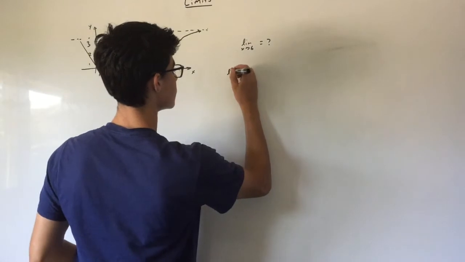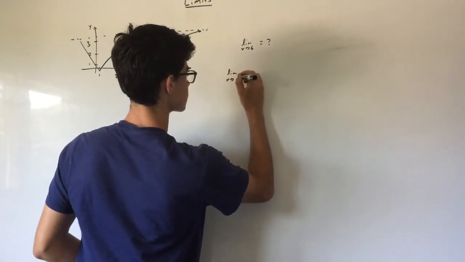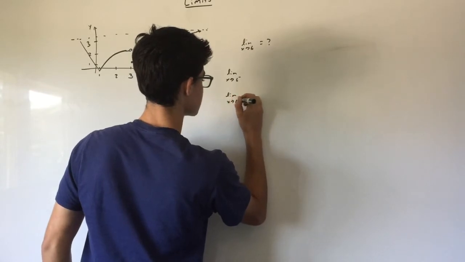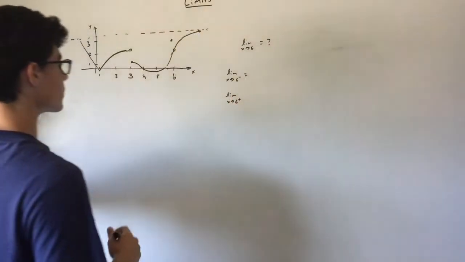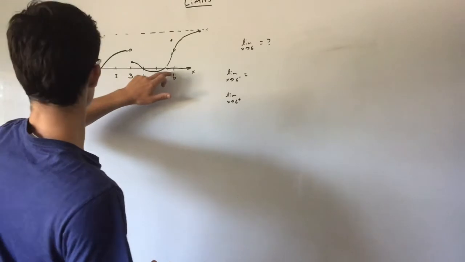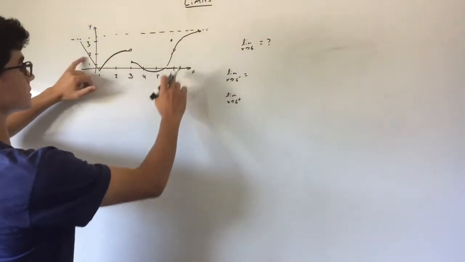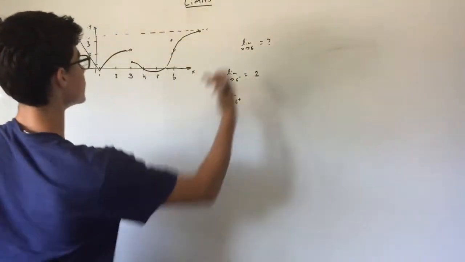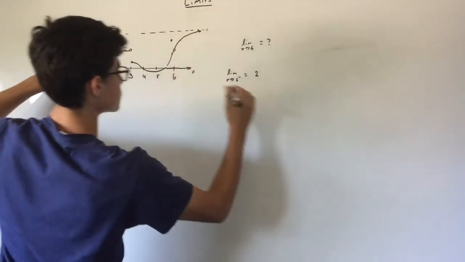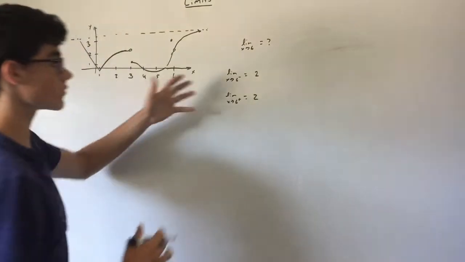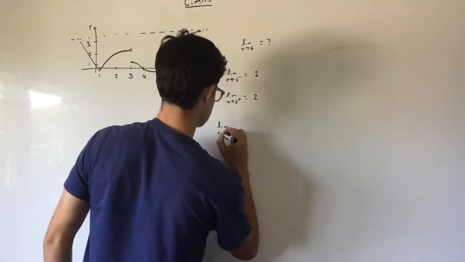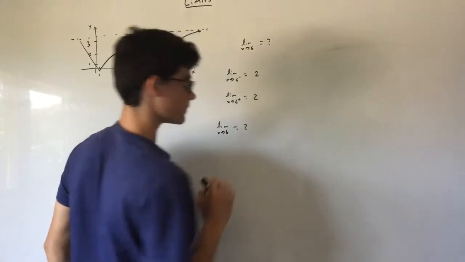The limit as x approaches 6 from the left, and the limit as x approaches 6 from the right. From the left, as x approaches 6, we have 2 right here in line with 2. And from the right, as we go down, we have 2. So from here, we can in fact say that the limit as x approaches 6 is equal to 2.